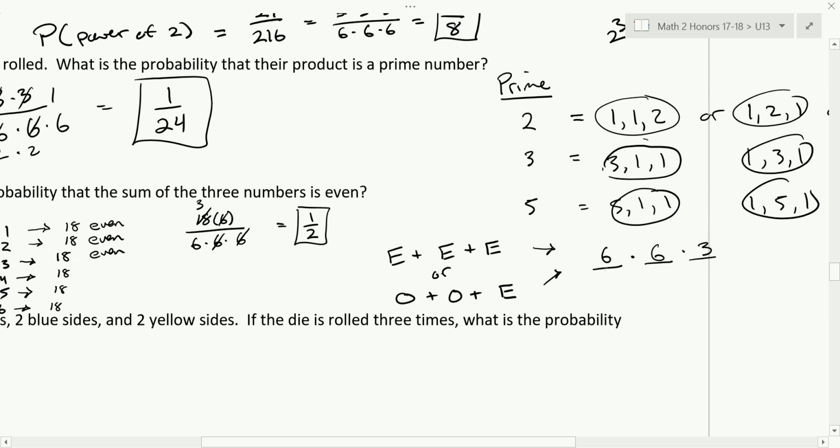So let me see if I can follow you here. So this could be even or odd, right? This could be even or odd. But no matter what, you're saying this third one has to be even?